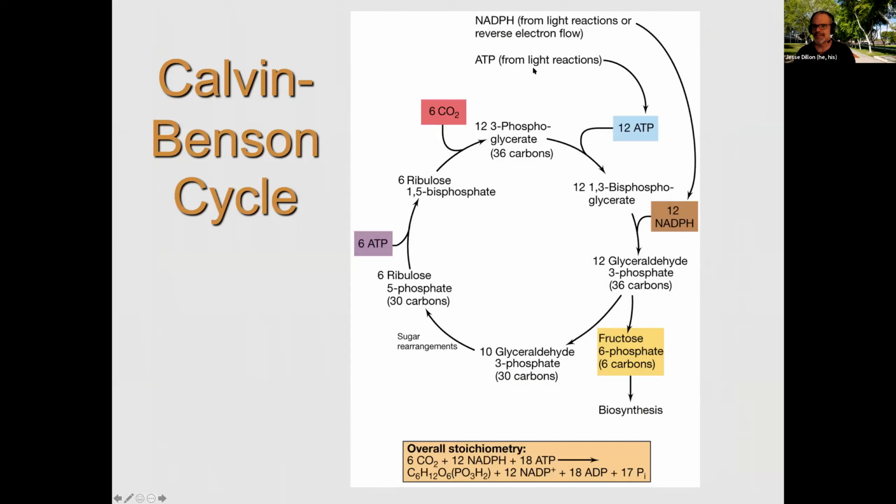So those come in and serve as a way of providing the energy and the electrons needed to convert CO2 into reduced carbon, right? And so if you look at the overall stoichiometry, it requires a lot of ATP, a lot of reducing equivalents. Mix it together with some carbon dioxide, and out the other end, you get sugars, right? Okay. And you regenerate your intermediates, the oxidized forms of these molecules.